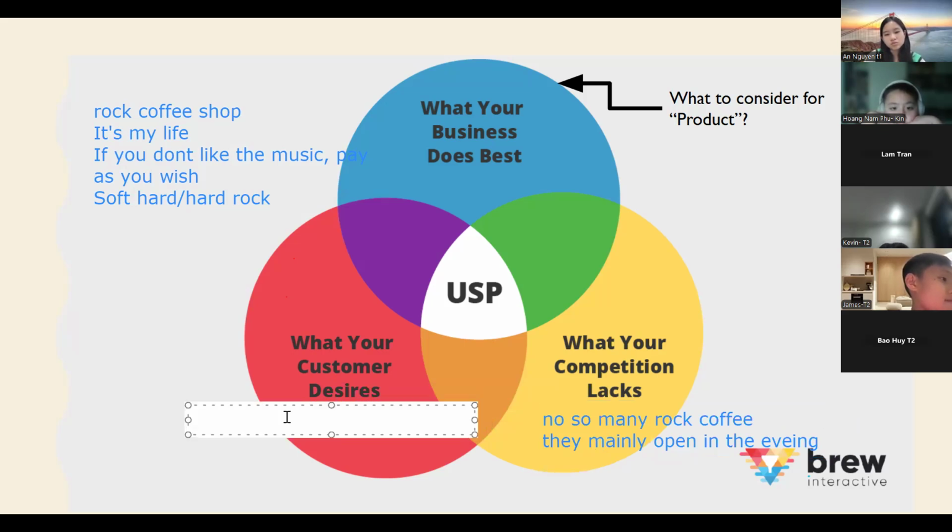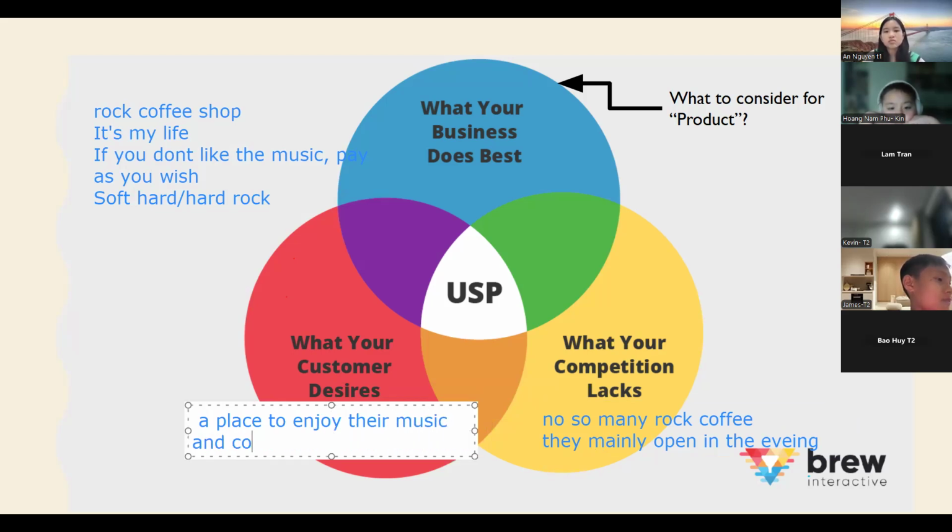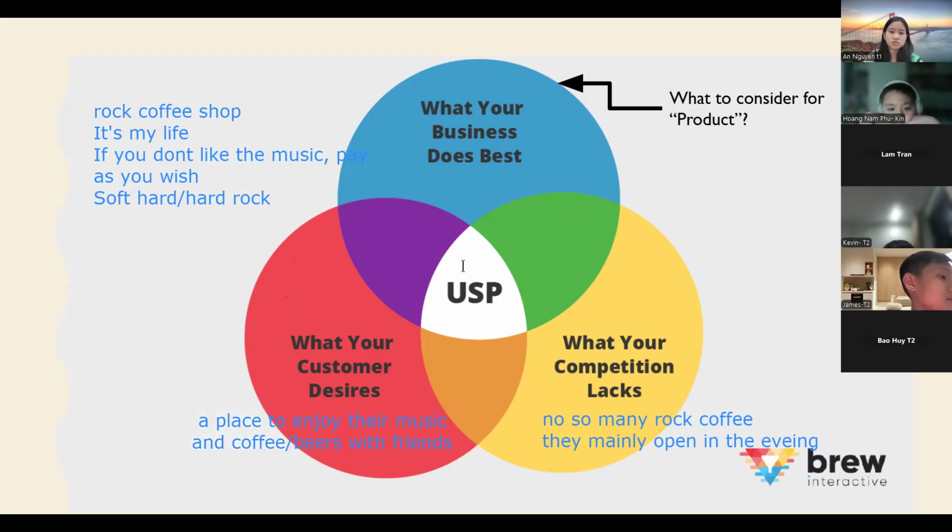What my customer desires is a place to enjoy their music and coffee, maybe beers, with friends. Now, when you look at these, please tell me what is my unique selling point.